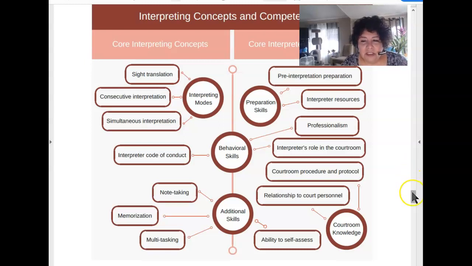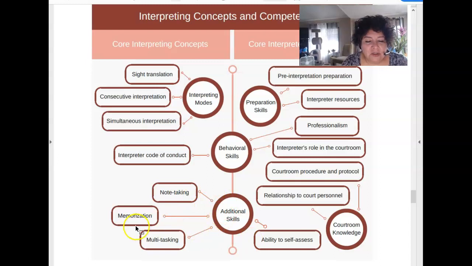And here it just summarizes the main concepts that we have reviewed throughout the course. We looked over the 3 modes of interpretation: sight translation, consecutive, and simultaneous. So this analyzes where you are in those 3 modes. We talked about the interpreter's code of conduct, the ethics, and that has to do with your professional behavior, your professional skills in this particular field.